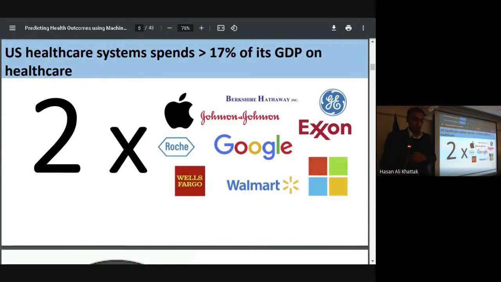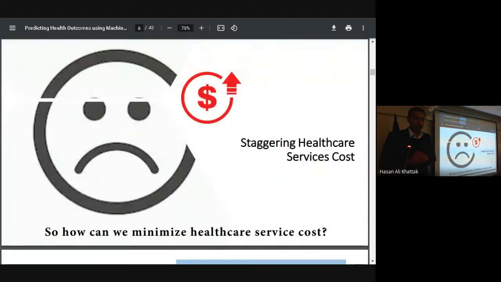Now, the question is, with this staggering healthcare cost, by the way, everyone in the US healthcare system is totally private. Everyone is spending $200 to $1,000 every month paying for healthcare.